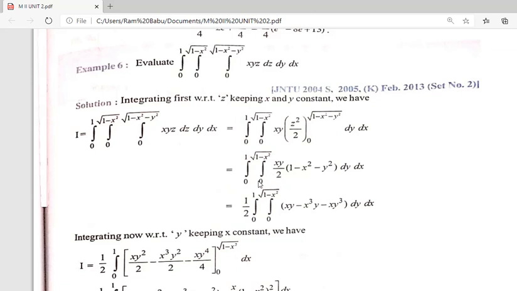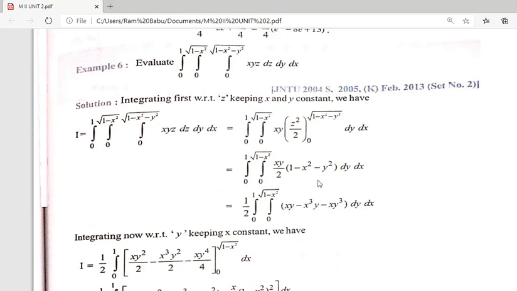Okay, now since the limits are y equal to 0 to root of 1 minus x square, we have to integrate this function with respect to y. Since we are integrating with respect to y, we will assume x as a constant.